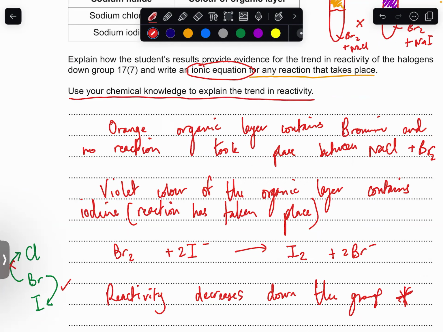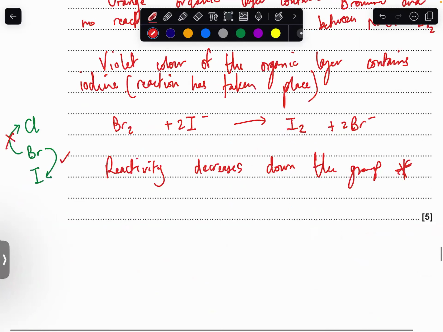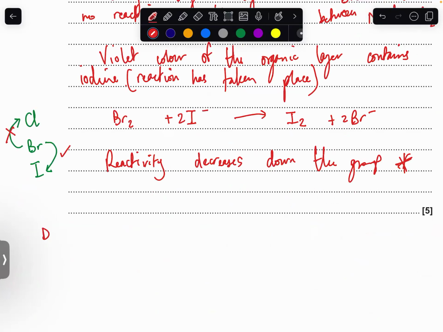You see, these three factors explain reactivity. Nuclear attraction helps explain the trend in reactivity because D is the distance, the atomic radius, S is shielding, and N is nuclear charge. You see what's going to happen as you go down the group.